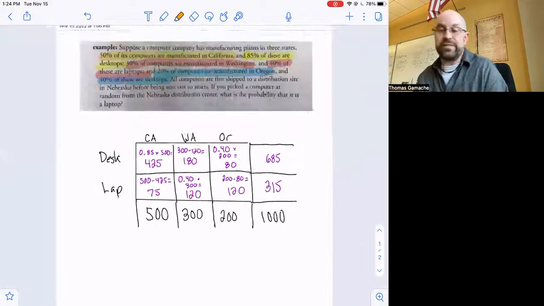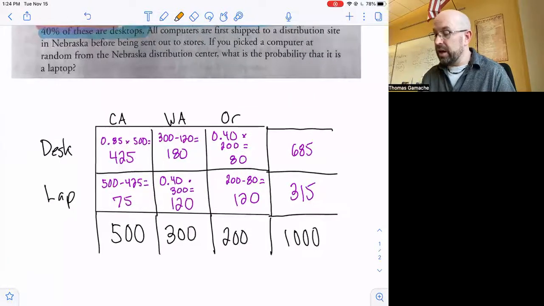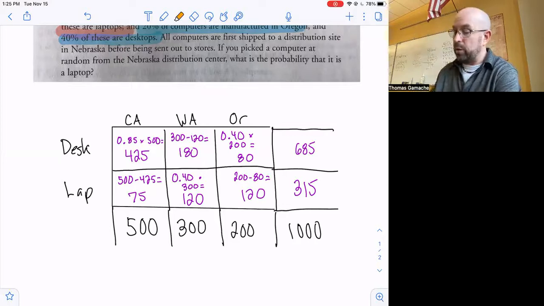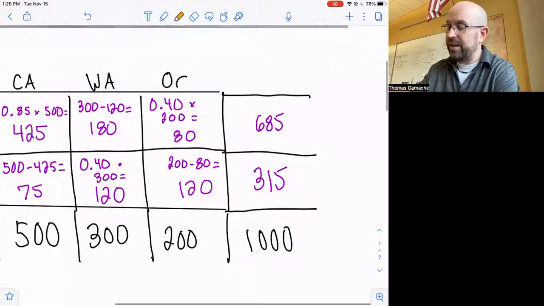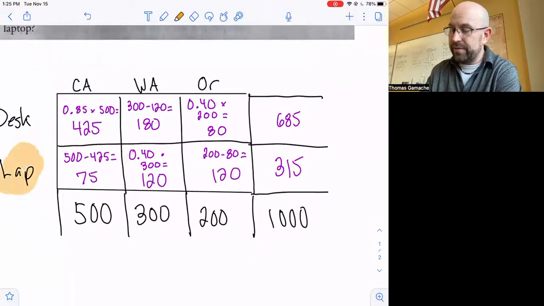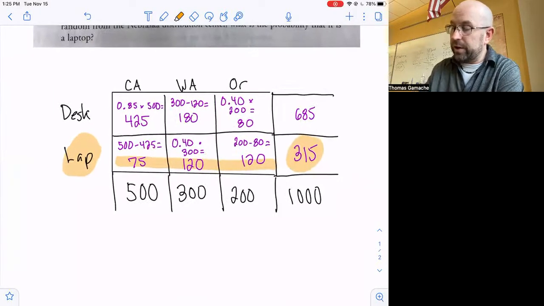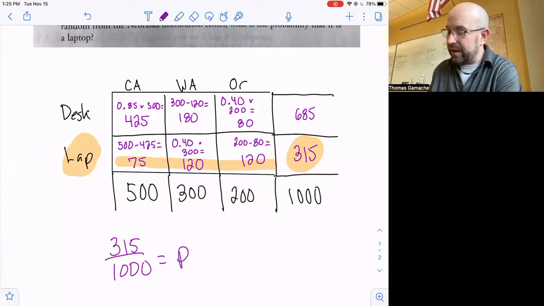Some people like seeing tables instead of dealing with tree diagrams. So saying, if you picked a computer at random, what's the probability that it is a laptop? Okay, I can just go across my table now and say, okay, laptops, all the way across here, my total is 315. So I could do 315 over 1,000 equals the probability that I have a laptop.